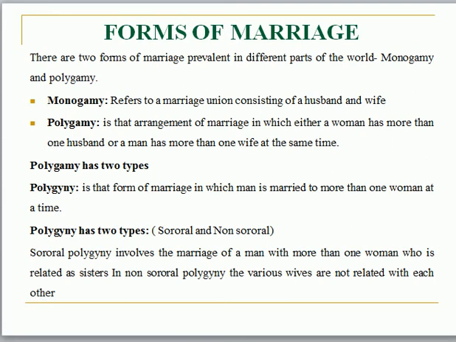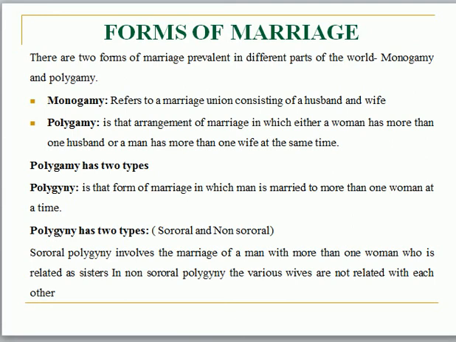In a society where monogamy prevails, a man or woman remarries only after the death of the first spouse, or after the dissolution of the marriage contract. The second type of marriage is called polygamy.